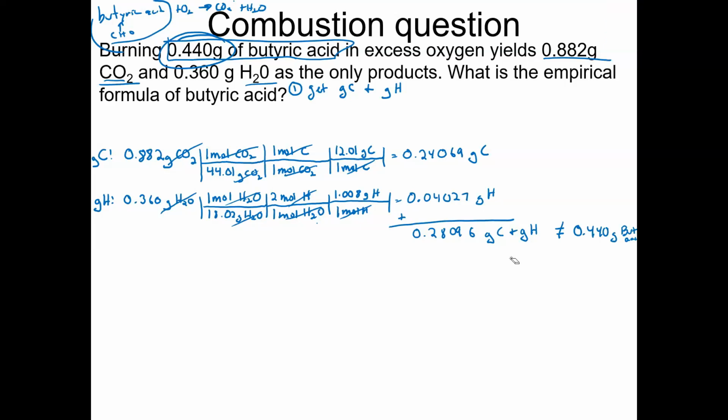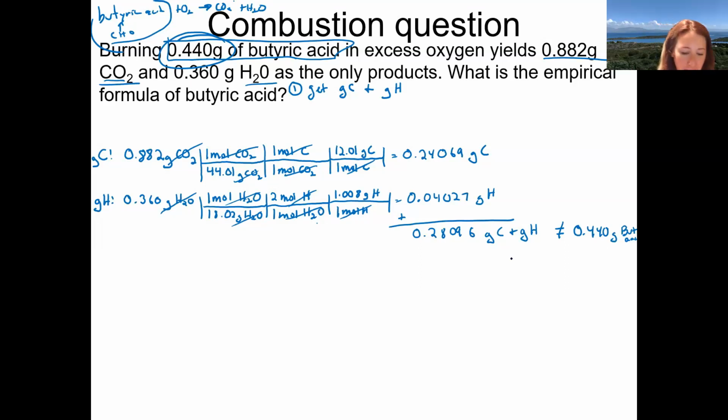Subtract it. Go ahead. Yep, exactly. So to get to my grams of oxygen, it's going to be 0.440 grams, which is the C's, H's, and O's, minus 0.2809.